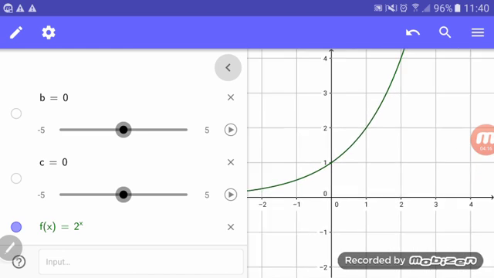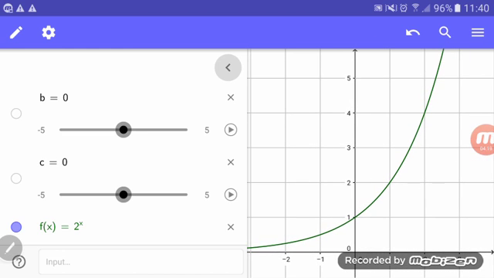Now similarly, on a parabola, where we increase or decrease a constant value, it shifts our graph up and down. We can do the same thing on our exponential.